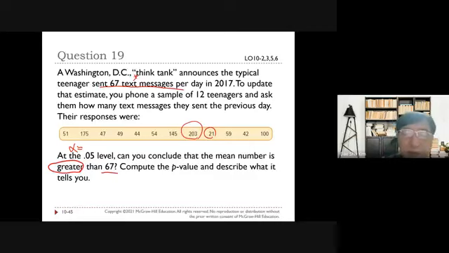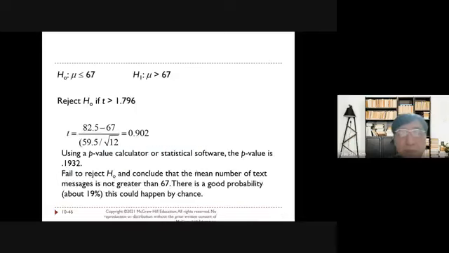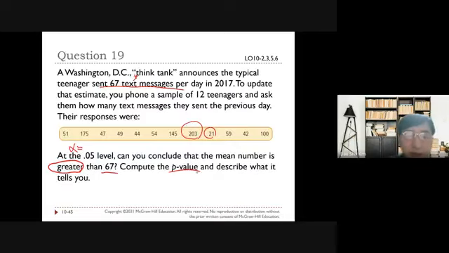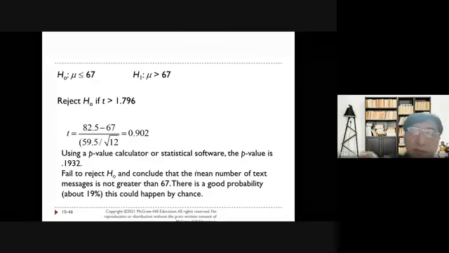So we will calculate the p-value and so on. Greater than 67 is the alternative.